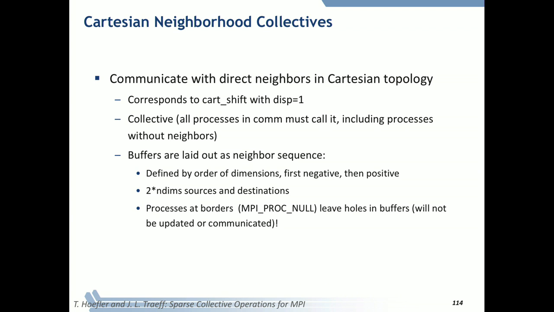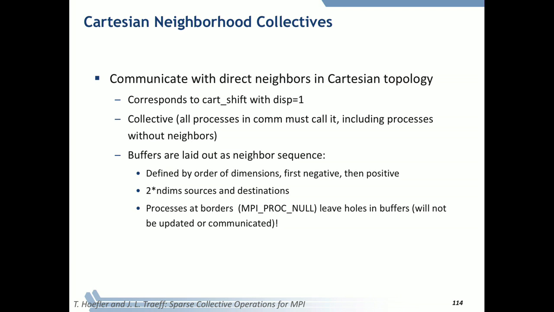And so there's a Cartesian communication collectives that essentially will communicate as with a cart shift with a displacement of 1. These are all collective routines, so all the processes have to call them.